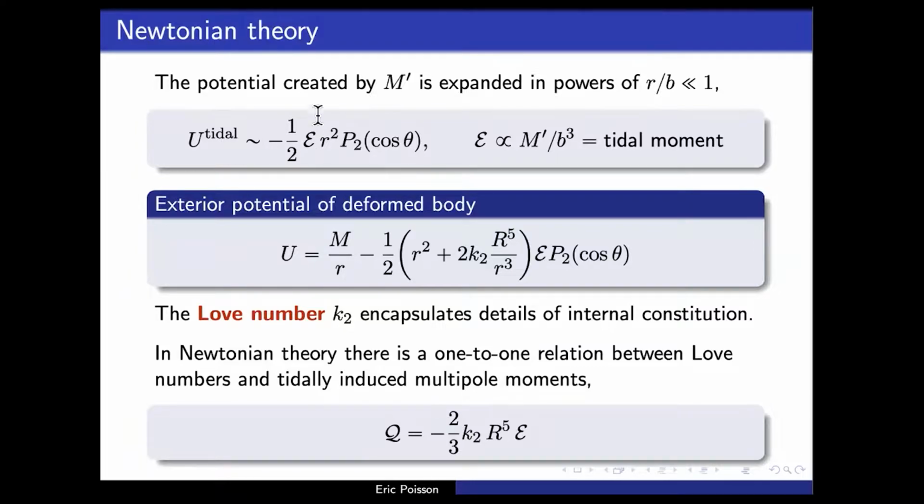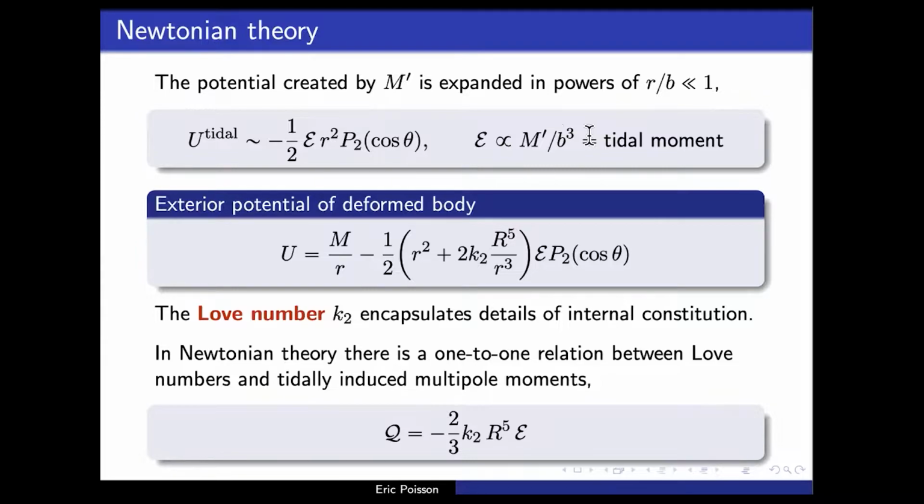And it's also scaling with that curly E quantity here, which I would call the tidal quadrupole moment. And that scales like the mass of the companion, and it scales as 1 over b, the orbital separation, cubed. And as you include more terms in a multipole expansion, you find that the multipole moments come with increasing powers of 1 over b.